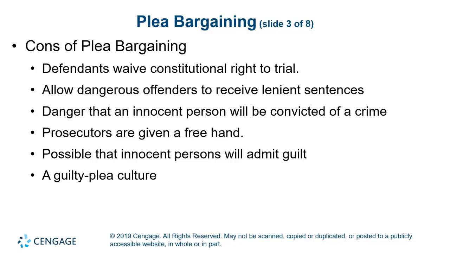Plea bargaining allows dangerous offenders to receive more lenient sentences. Plea bargaining also raises the danger that an innocent person could be convicted of a crime if they are convinced that the lighter treatment ensured by that guilty plea is preferable to the risk of conviction, right? So that's that 50-50 that I told you of, that roll of the dice. Hey, I'll take the plea because it's better than going to trial and if I lose.